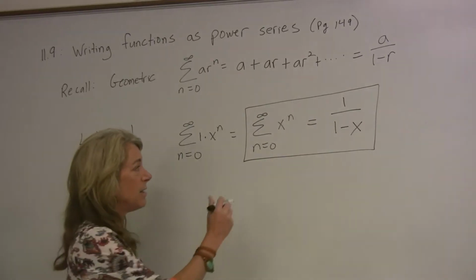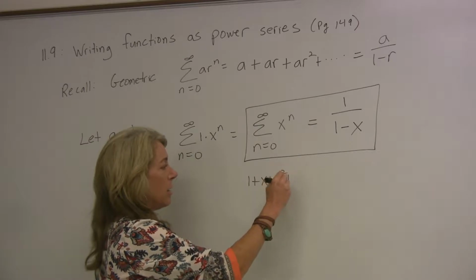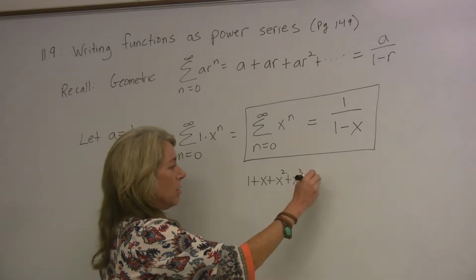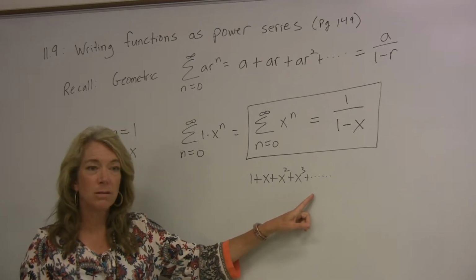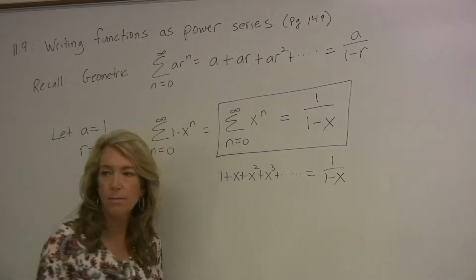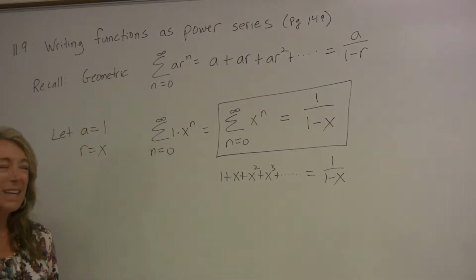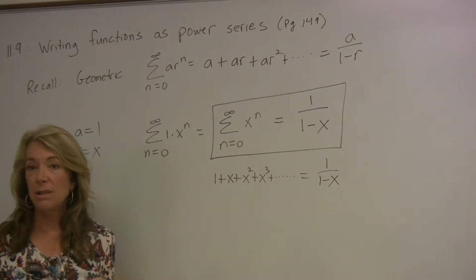This infinite series is 1 plus x plus x squared plus x cubed, all of that. If I add these forever like an infinite polynomial, it actually adds up to 1 over 1 minus x. So we can use what we know about geometric series and take functions and turn them into series.